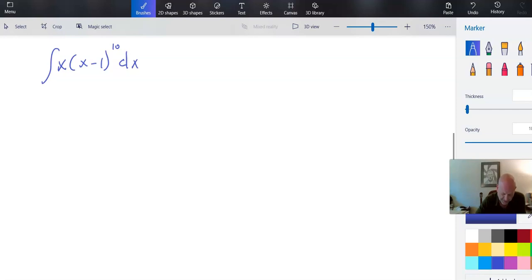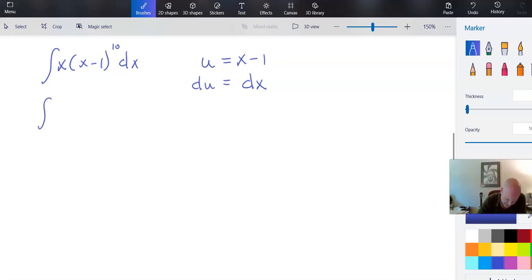I can see x minus 1 is composed with x to the 10th, so let's try that first. So u is equal to x minus 1, so that means du is equal to 1 dx, or just dx, and that leaves my x over here on the side by itself.